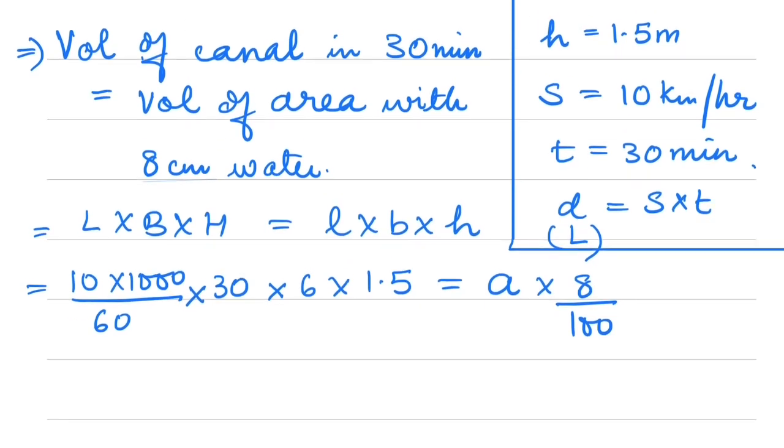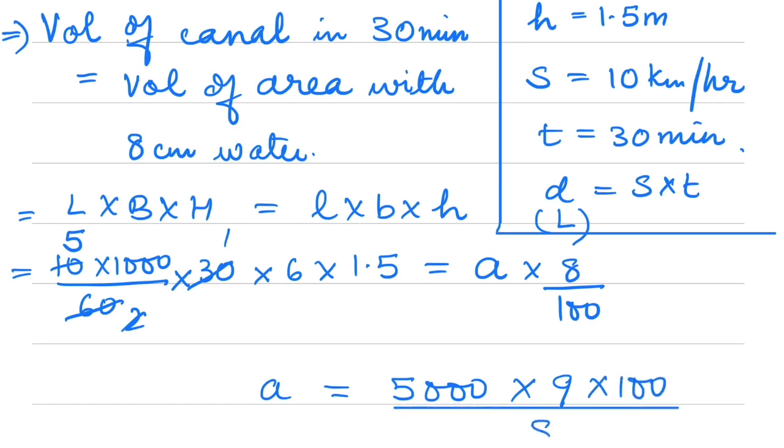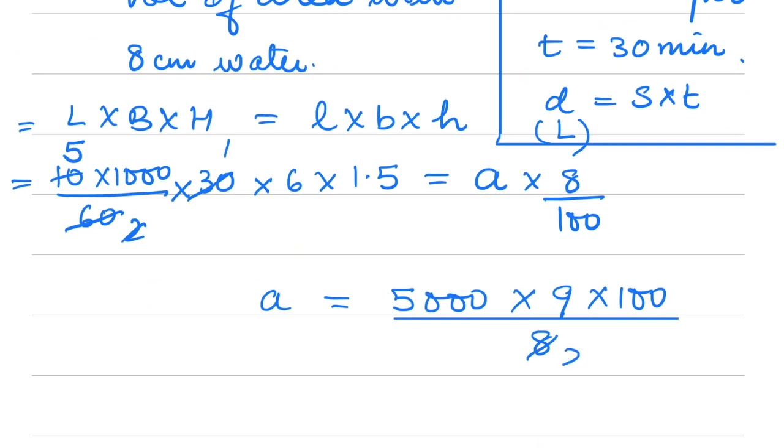So let's solve this equation now. Now A is equal to 5000 into 15 into 6 is 90, 1 decimal point, so 9, and we'll bring 100 this side and also 8. Now this is 4 2 times and this is 25 times, and this is 2500.